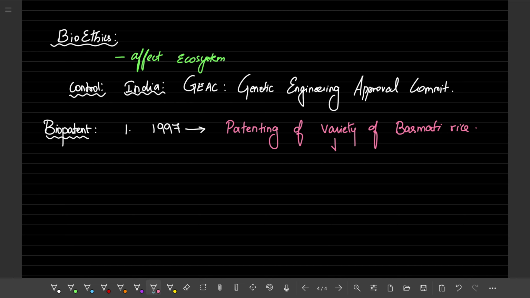Patenting of what? Patenting of a variety of basmati rice. Please write. So basmati rice. What variety? A company called Rice Stick.